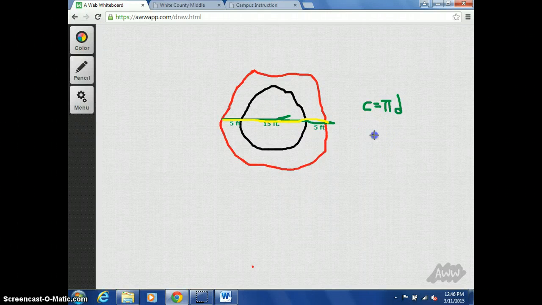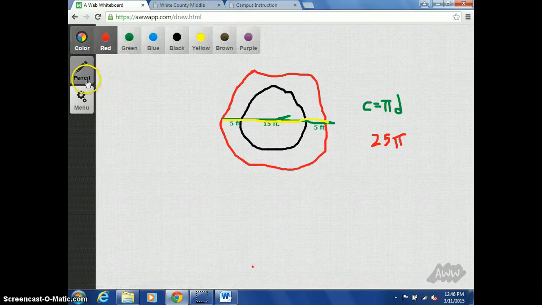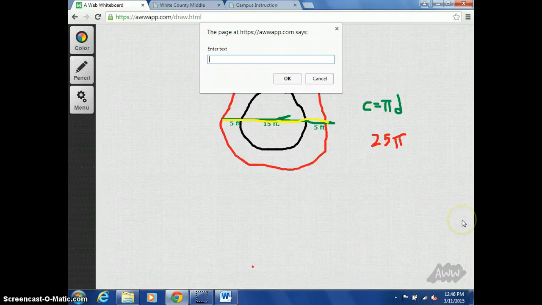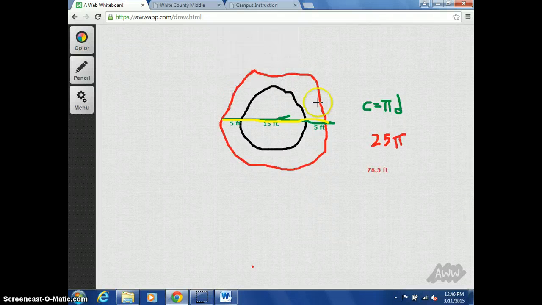So we need to do 25 times pi. And we got 78.5, and it's feet. Is this area? No, it's circumference. So we don't need to put square feet, just feet is enough. So 78.5 feet. And then we're done. Any questions about that one?